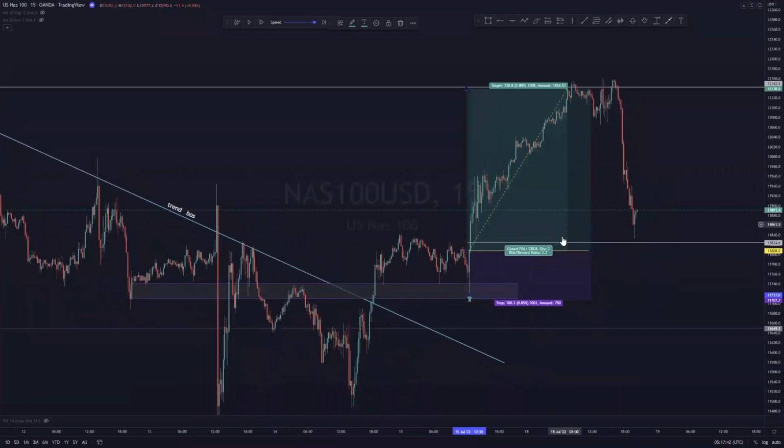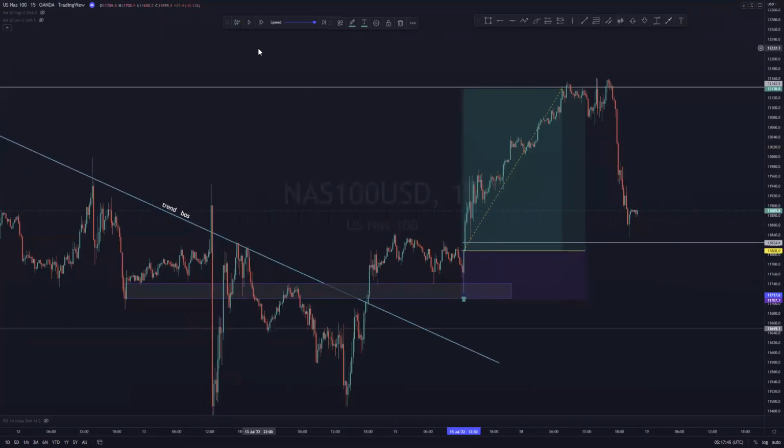But on this pair, I found other entry after first TP to be hit. I found other entry because it was huge drop to the downside.